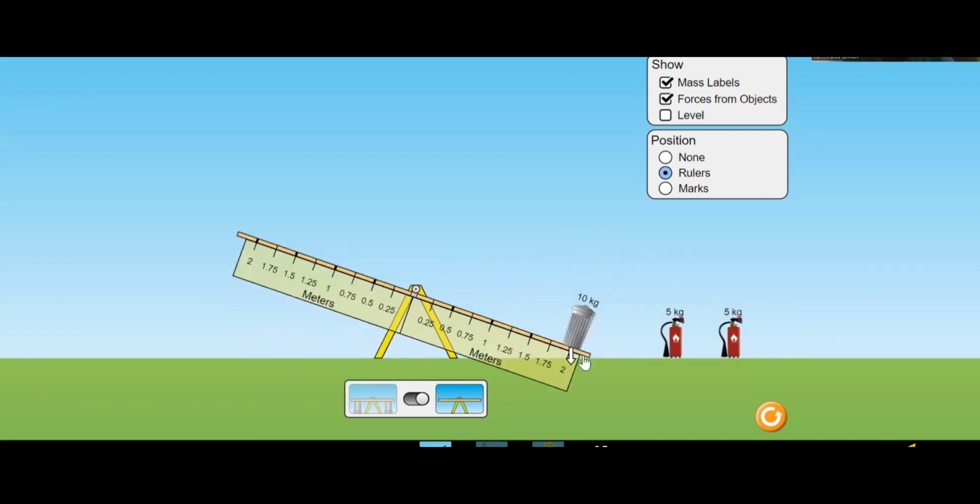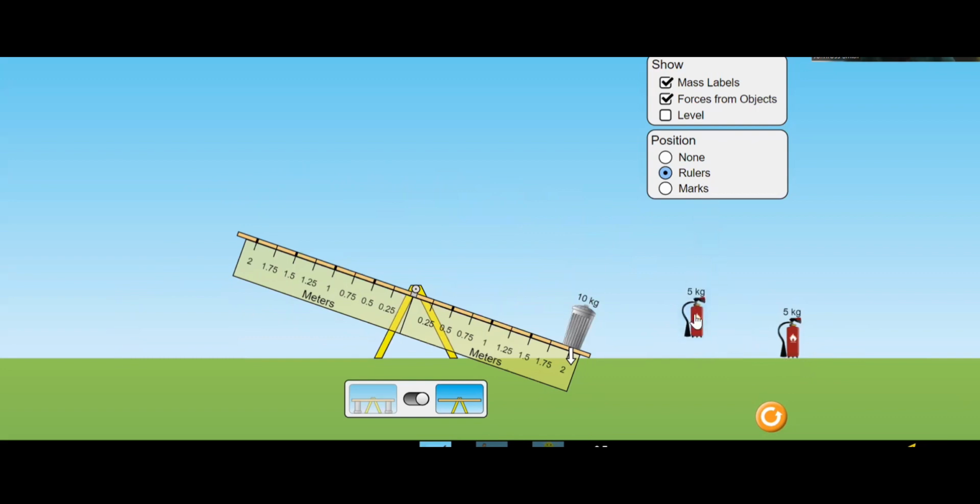So if we put the bin here at 2 meters, then if we use the weight, which would be 100, because it's 10 times gravity, which is 10, so 100 times 2 is 200. So the moment generated on this side, each of these objects, 5 kilograms, would weigh 50 newtons, because it's 5 times gravity, which is 10.